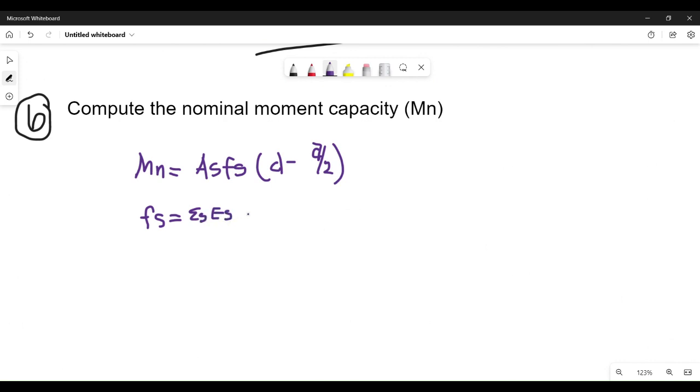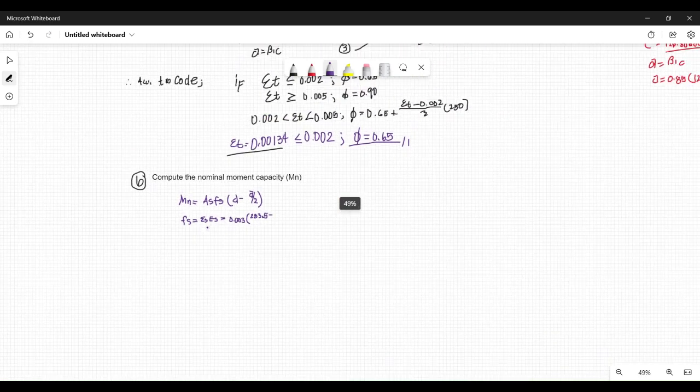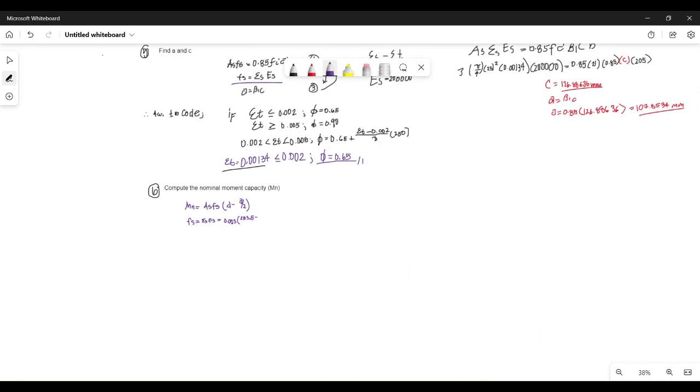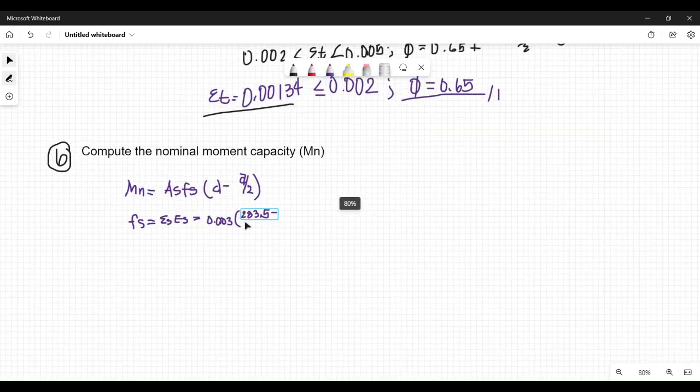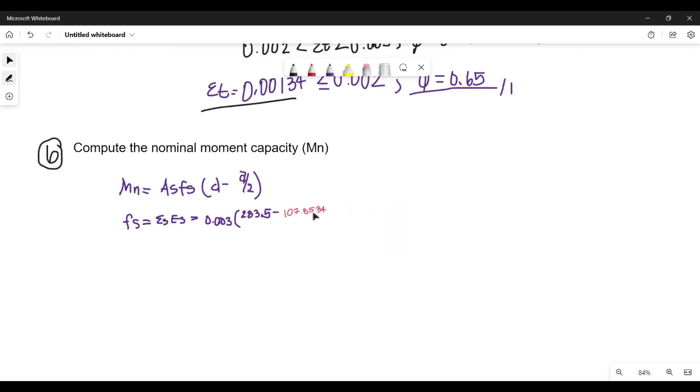Which is equal to 0.003 times our effective depth, 283.5, minus the new value of C. Let's copy the value of C, 107.8534. Oh, this is wrong.